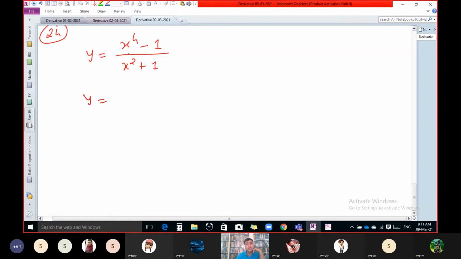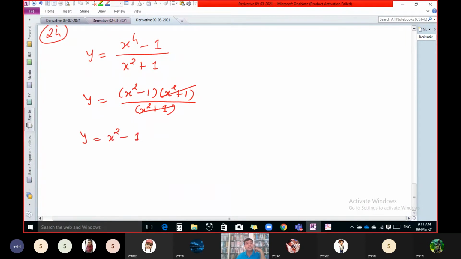Any of you know the factor of x raised to 4 minus 1? x square minus 1 into x square plus 1. This is the factor. And if you know this factor, then you can simplify this very easily.